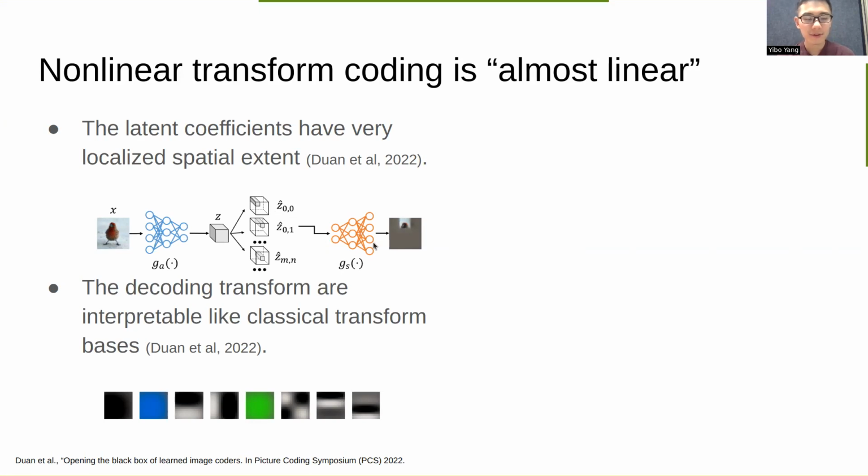And if you also decode essentially one hot vectors in the latent space or the coefficient space through this deep convolutional decoder, you actually end up with very much interpretable patterns that resemble the filters in classical transforms.